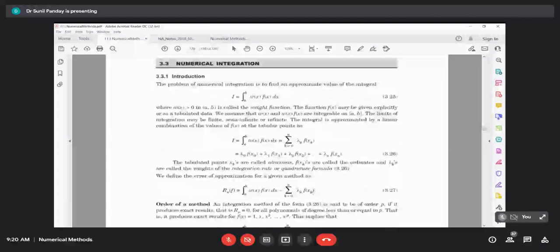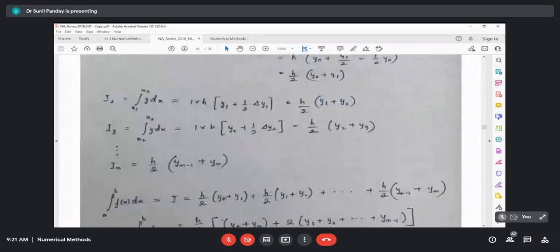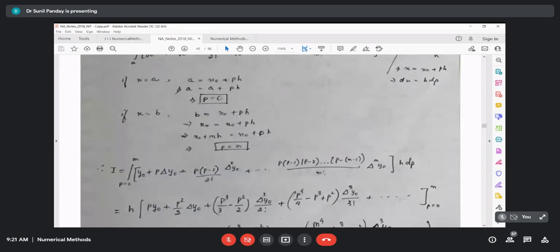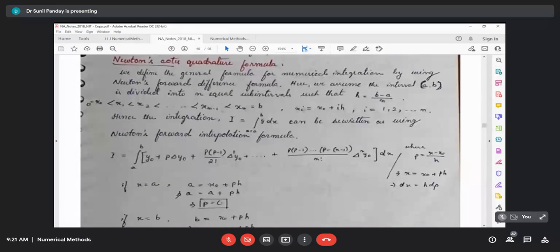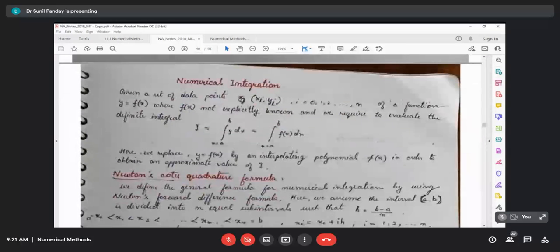So now we have numerical integration. Suppose you don't know the value of f(x) explicitly.